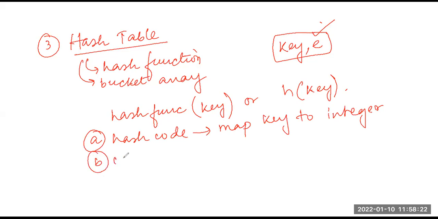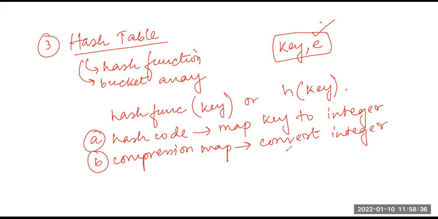Then comes the concept of compression map. It converts this integer value, which you get from step A, into the form of 0 to n minus 1.